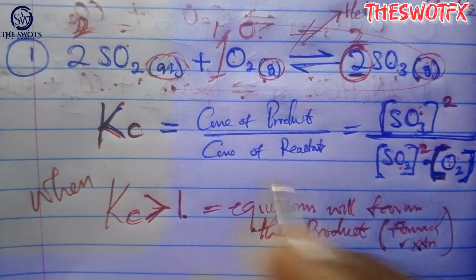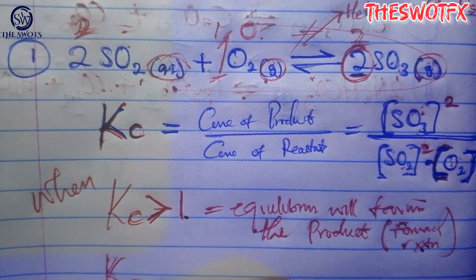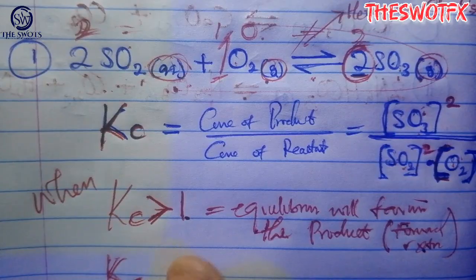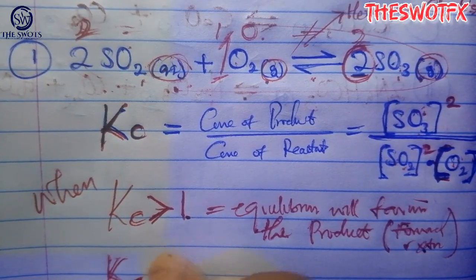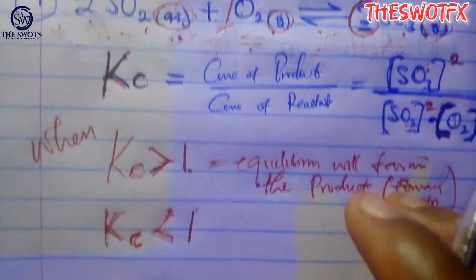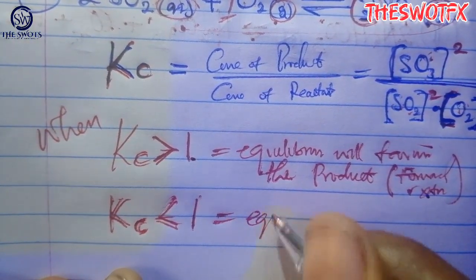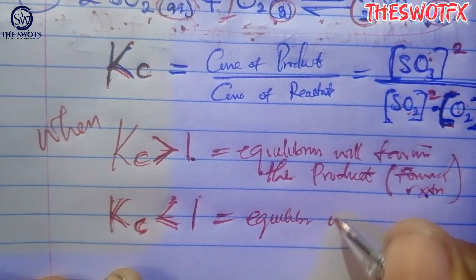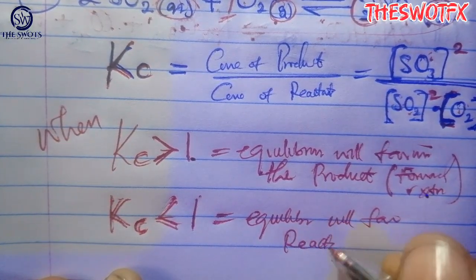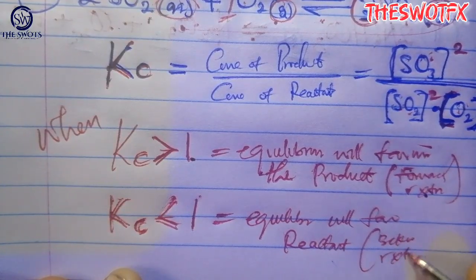But when the Kc you get as your answer is less than 1, the equilibrium will favor your reactants, which is your backward reaction.